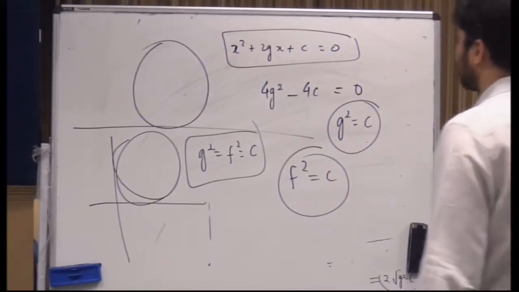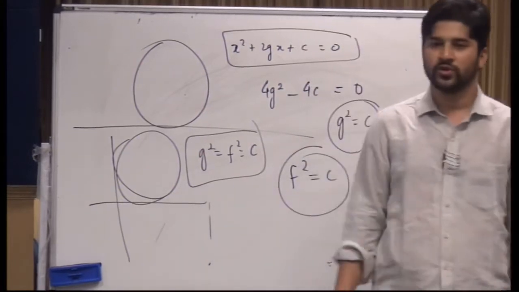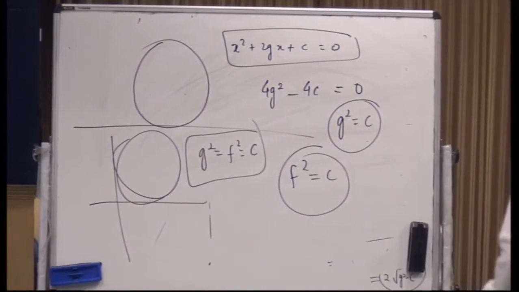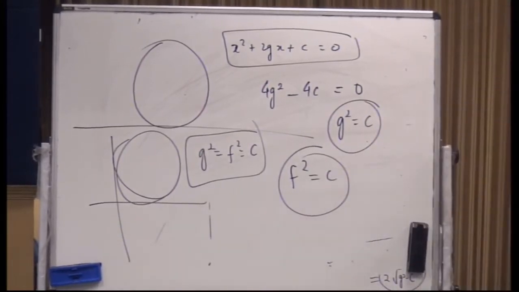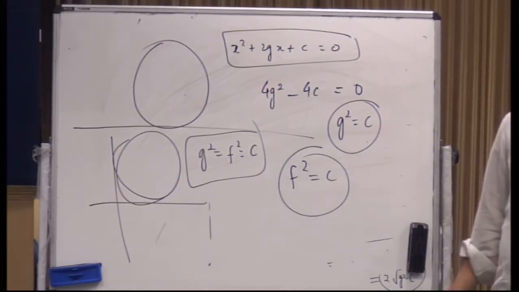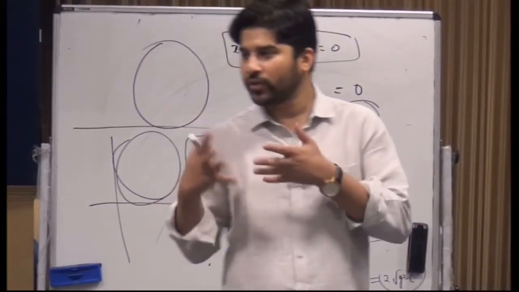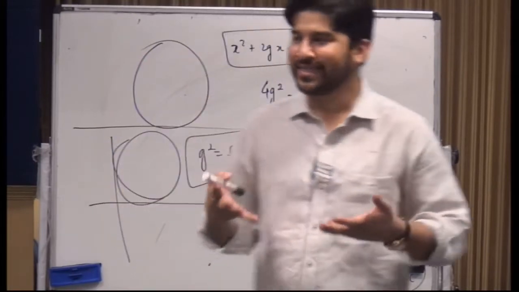Okay. So four things we have already found. The first thing we found was the length of the x-intercept, which was twice of under root g square minus c. Then we found the length of the y-intercept, which was twice of under root f square minus c.